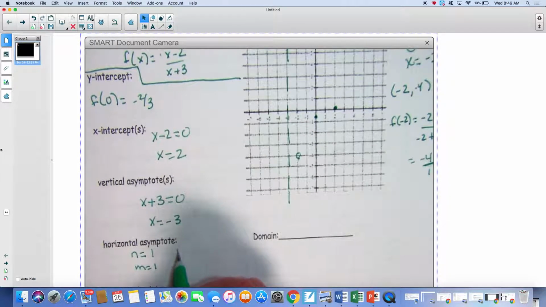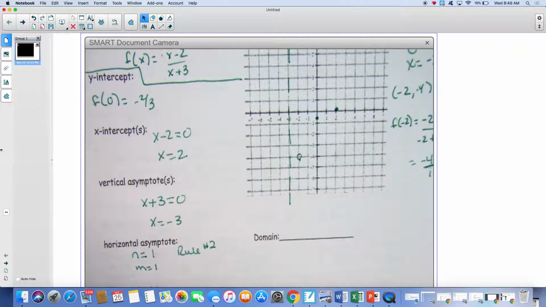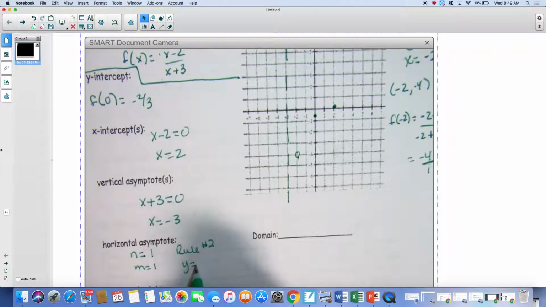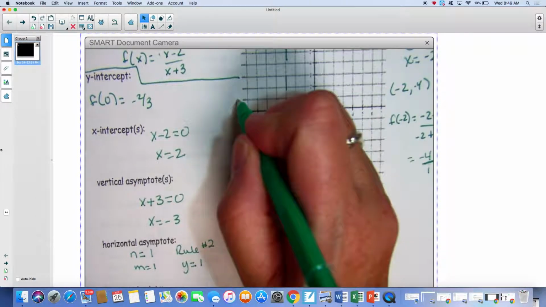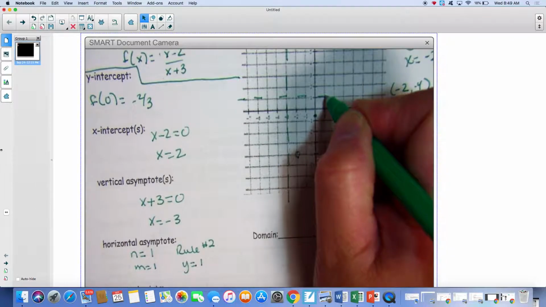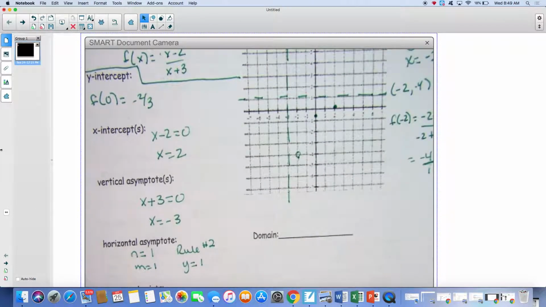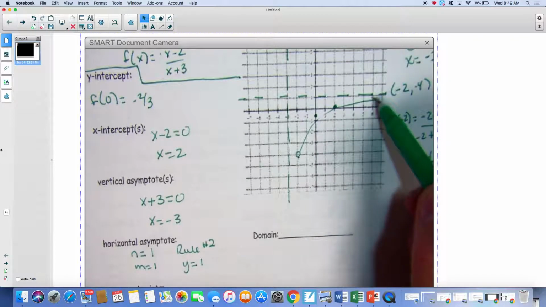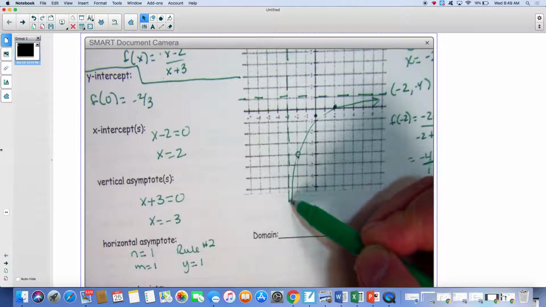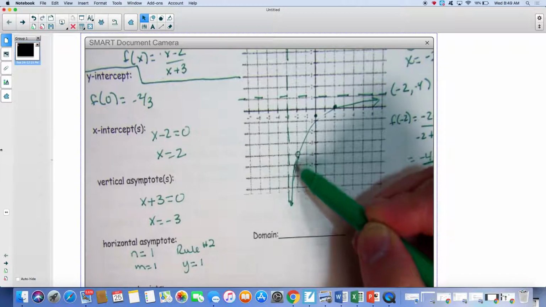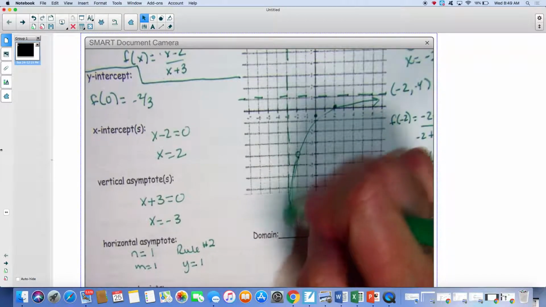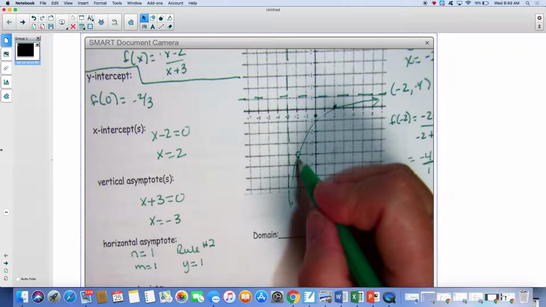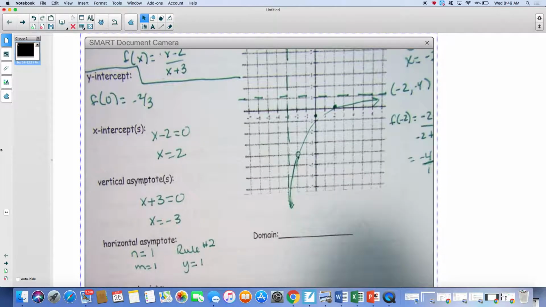So it's rule number 2, which is the ratio of your leading coefficients, which is 1. We have enough points on this side.